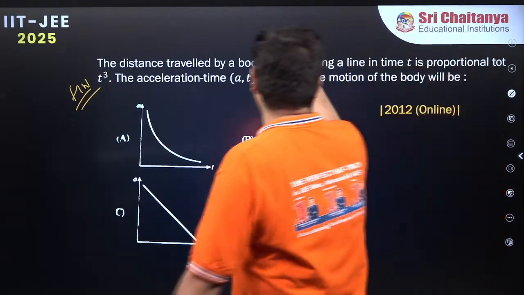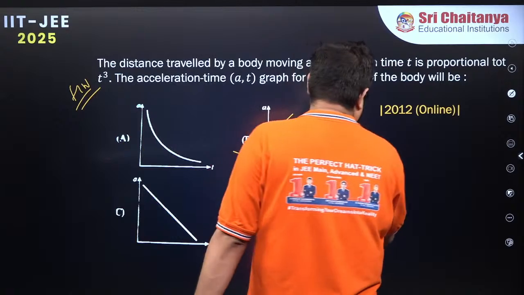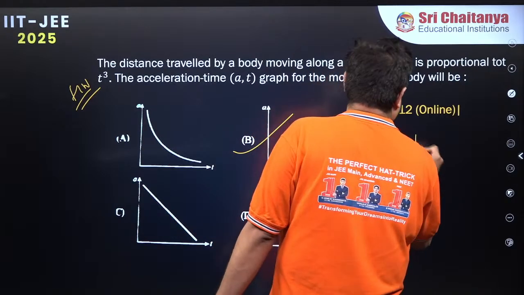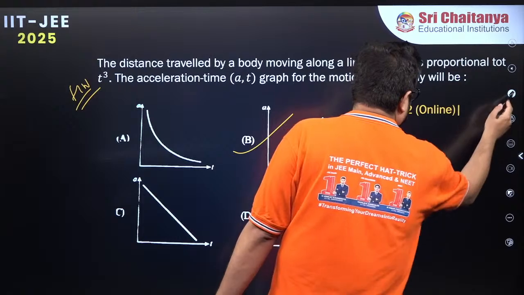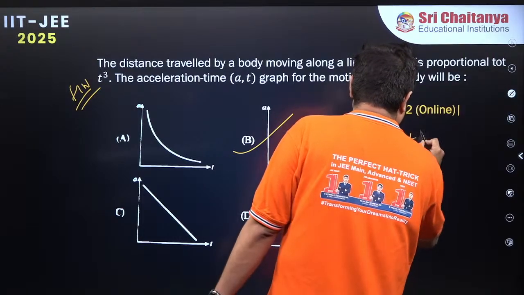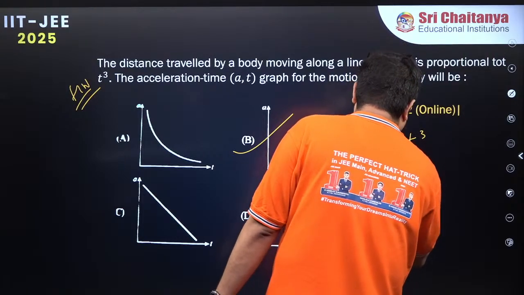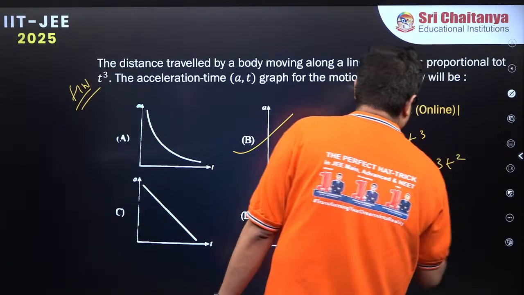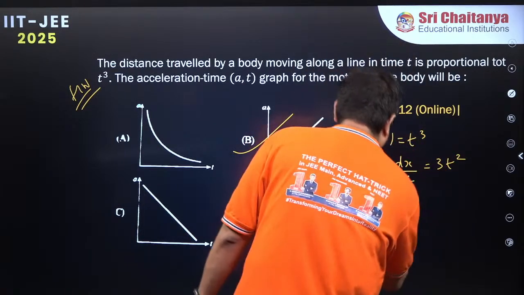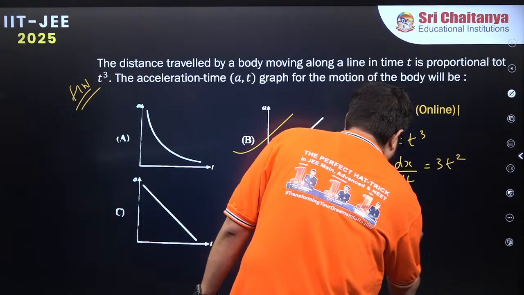Anyways, it's a very easy question. They are saying it's being given that xt is being given as t cube. So you need to find out velocity first, which is dx by dt. So dx by dt will be 3t square, isn't it? Now you need to find out acceleration, which is dv by dt.